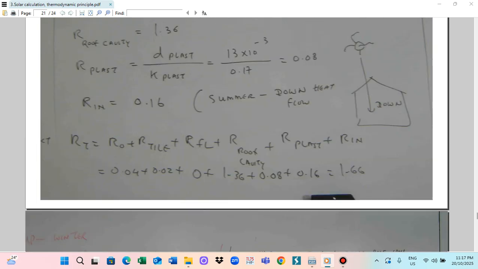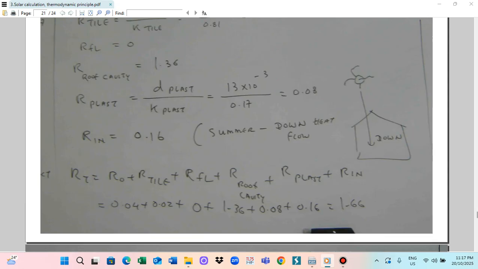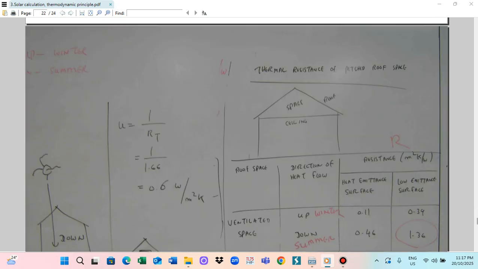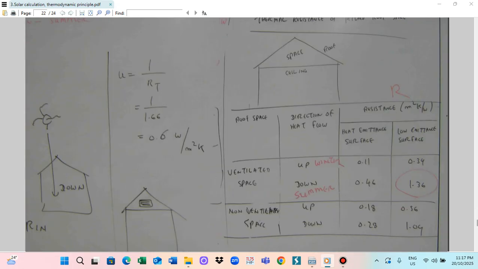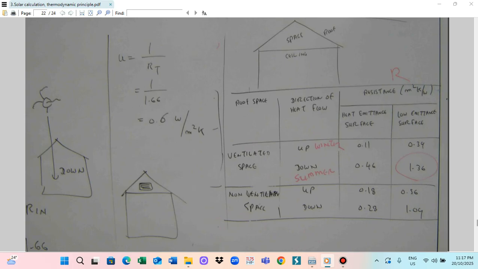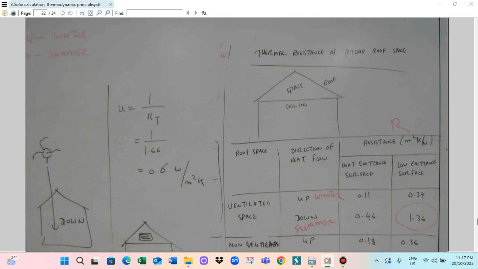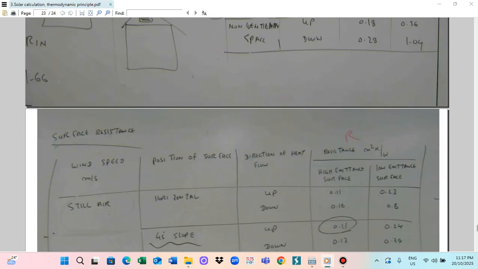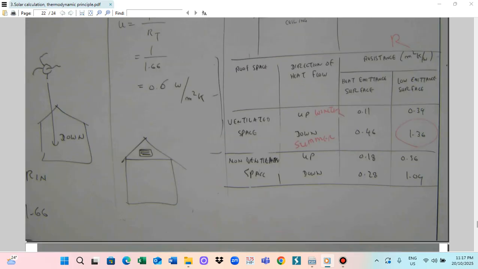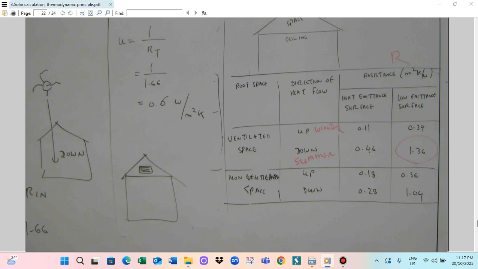Up values are for the winter and down values are for the summer. The summer is more important, because in summer more heat will flow into the building, so you have to calculate for the summer.